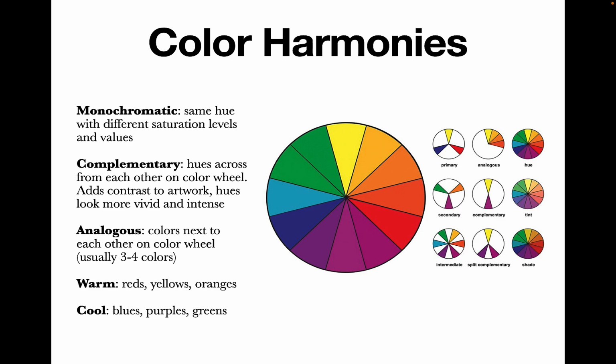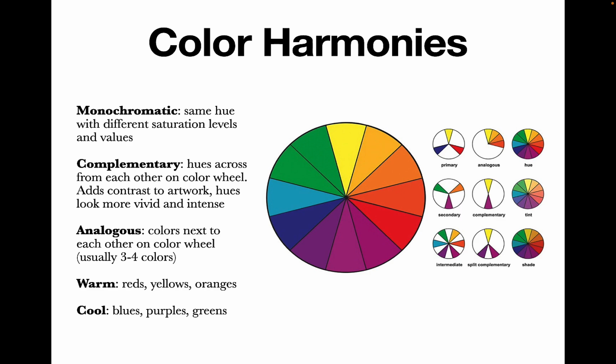A lot of complementary colors are colors for sports teams. Blue and orange is a really popular one because they're super intense. Also, mixing a color with its complementary is a good way to make a shade, a darker value of it without adding black. That's a good hint about complementary colors. It's a good way to make a shadow color.